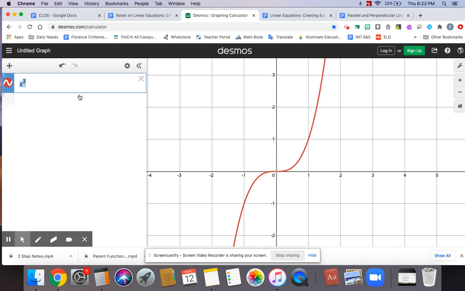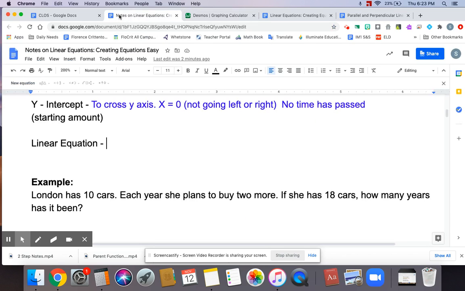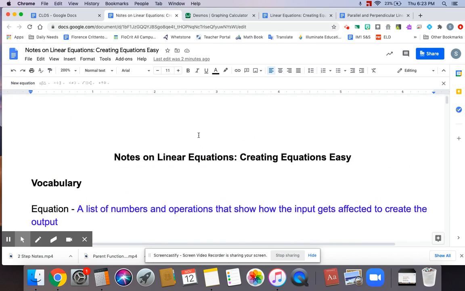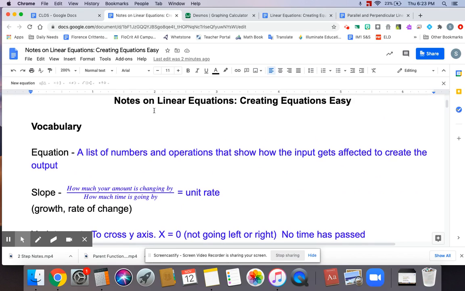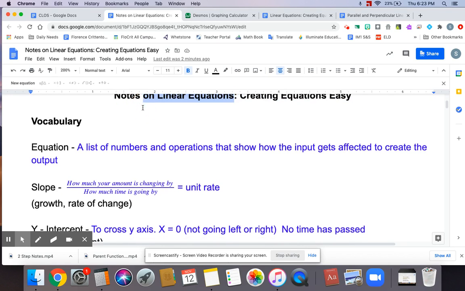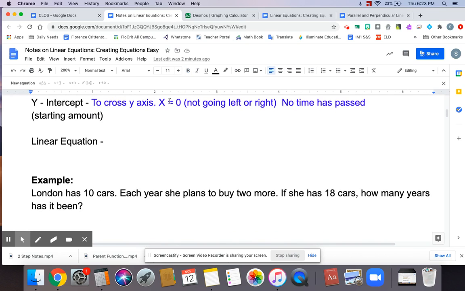In math, you're going to learn about a bunch of them, and you're going to be expected to create equations for all of them. But the ones we're focusing on in this lesson are linear equations. So this whole unit's about linear equations specifically, and linear equations create graphs that are straight lines.